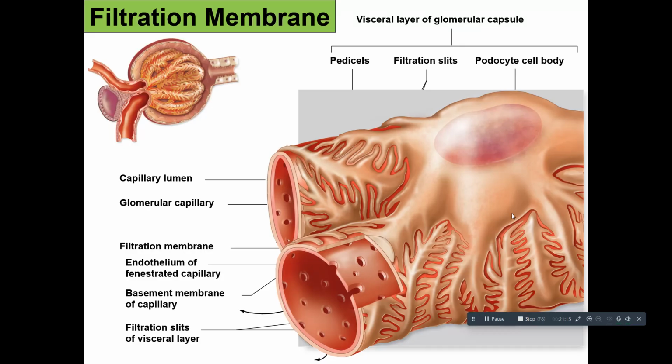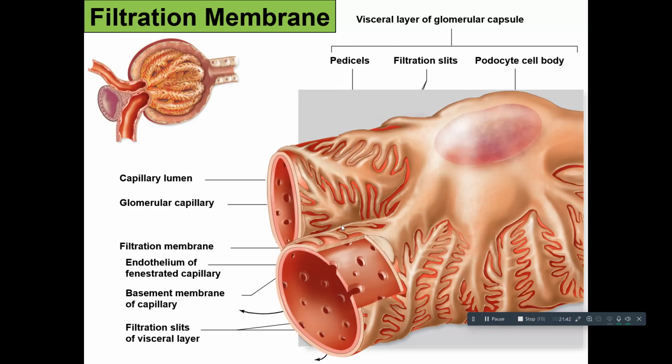Now, this is a podocyte sitting on top of the capillary, and you can see its extensions, its feet, which then branch and have further extensions, and we can see how the extensions interlock or interdigitate, leaving little tiny spaces called filtration slits in between them. And so this also helps in the filtration process.